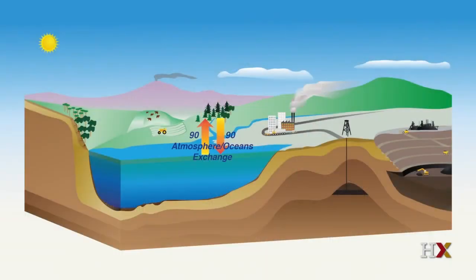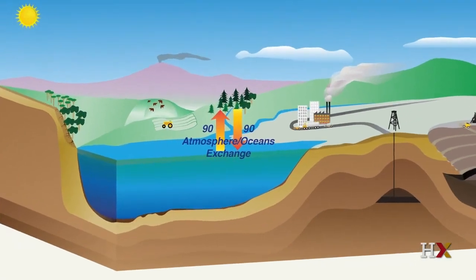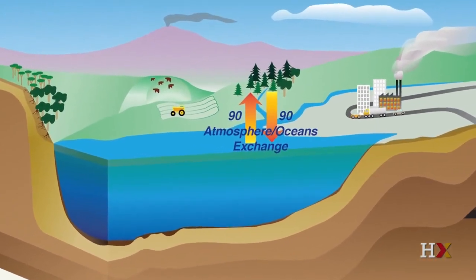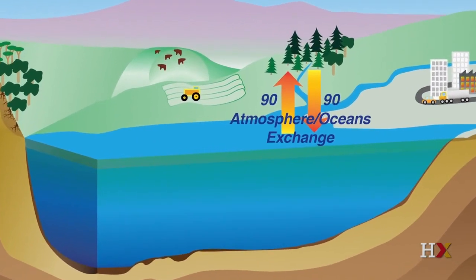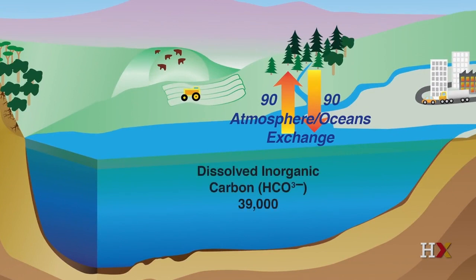In the ocean, there's a similar cycle. There's exchange between the atmosphere and the ocean. And most of it is actually not driven by photosynthesis of algae, but by air-sea gas exchange. So carbon dioxide in the air is constantly exchanging with bicarbonate in seawater, as the surface ocean tries to re-equilibrate with the atmospheric composition of carbon dioxide.